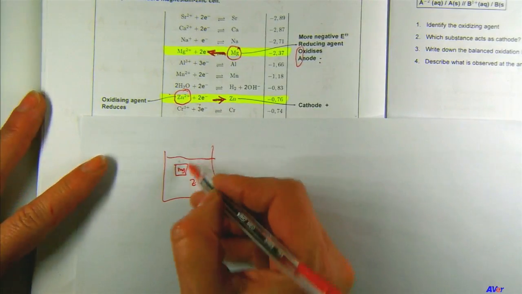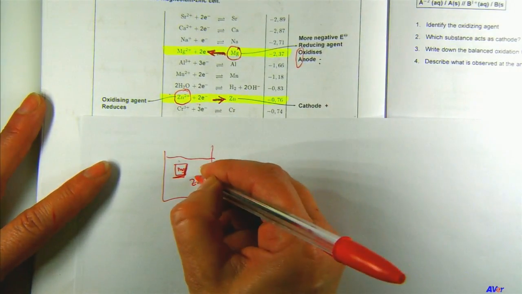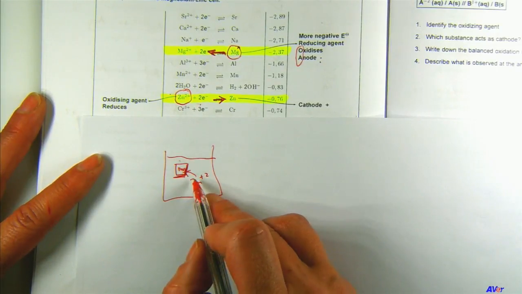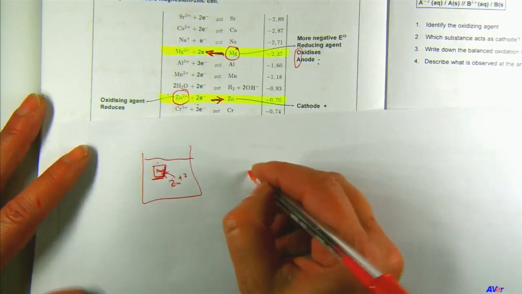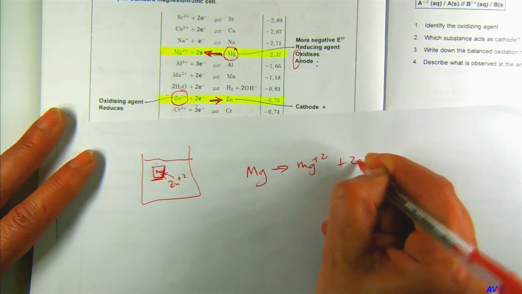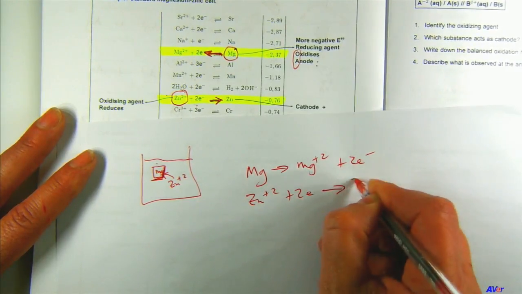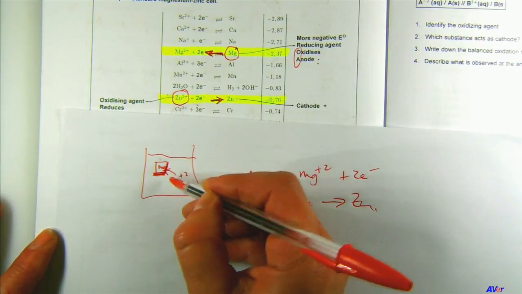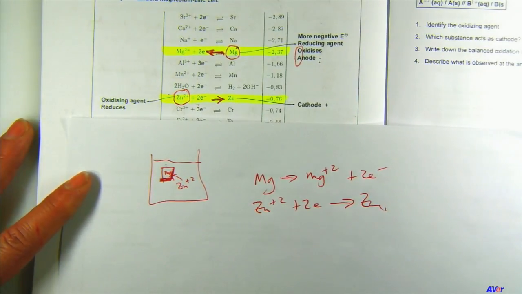It is happening on the surface, right? When you have the zinc coming there, it will get the electrons from the magnesium, and it will, right there, react. So what's happening is the magnesium goes to magnesium 2+, and the zinc 2+ takes 2 electrons, becomes zinc. So we said right on that surface, right? It will happen right on the surface. What will happen right on the surface? Magnesium gives to the zinc.